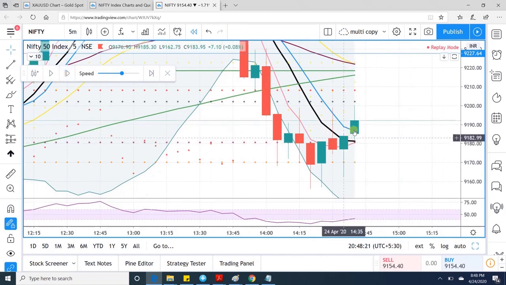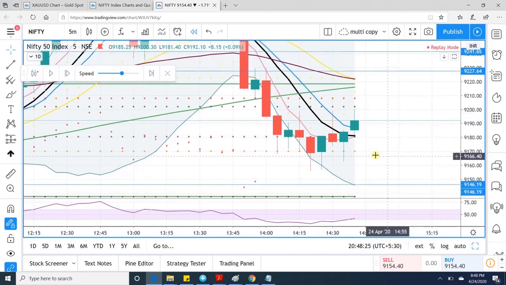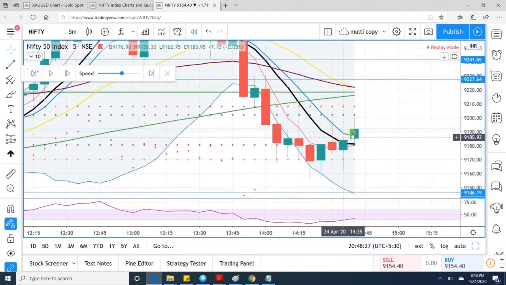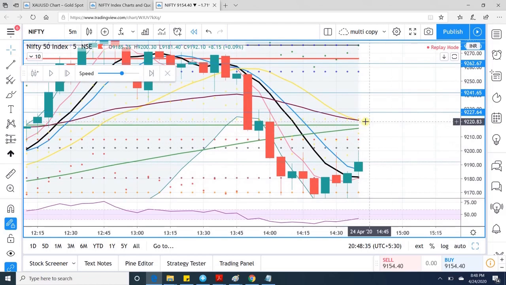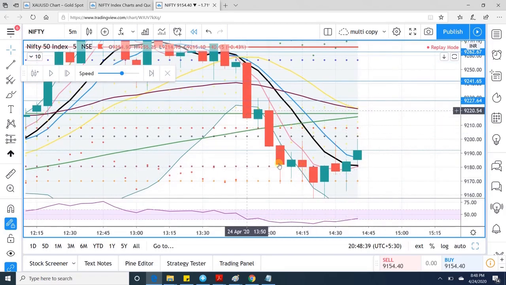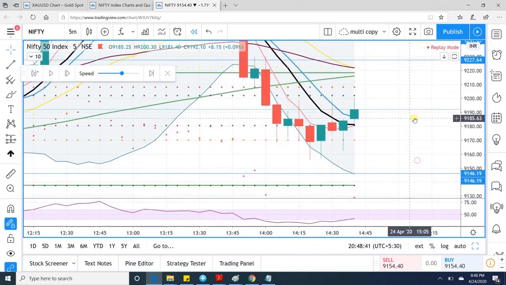See, price has moved above the 8 moving average, so the downtrend has maybe weakened a little bit, but it's still not the end of the downtrend. Once it goes above this 20 moving average, then we can say the downtrend has ended. And until now we have not seen any reversal.